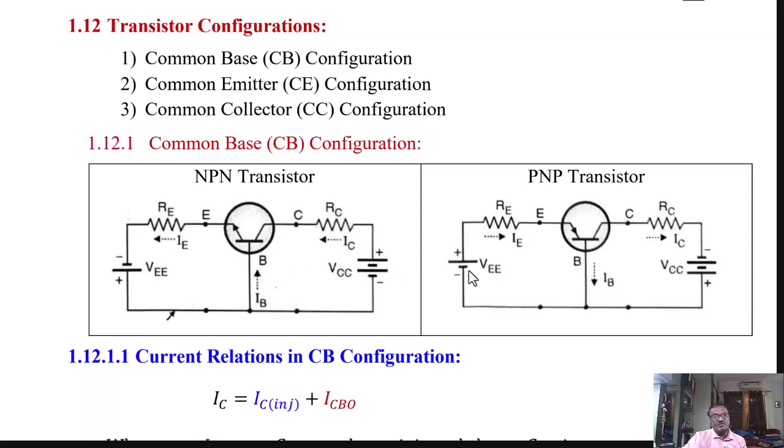By using the values of RC and RE, we can establish the appropriate Q point in our emitter to base circuit and in the output circuit.